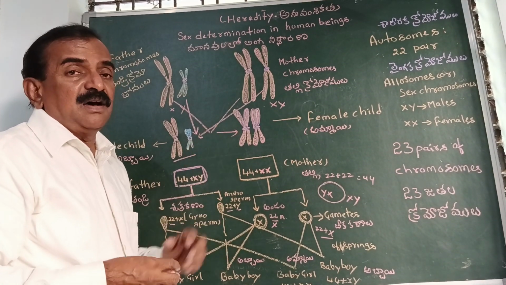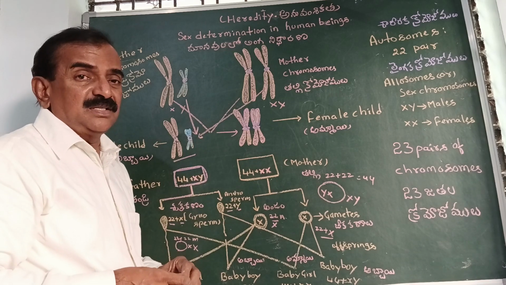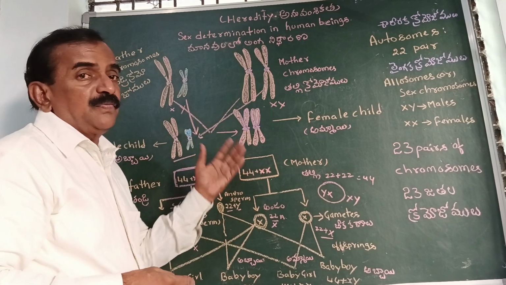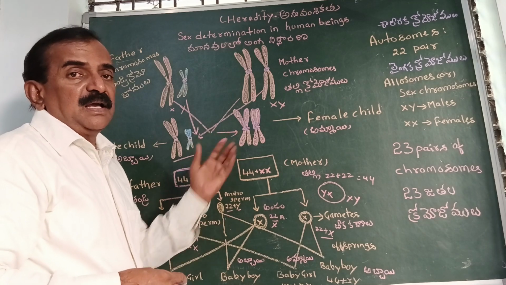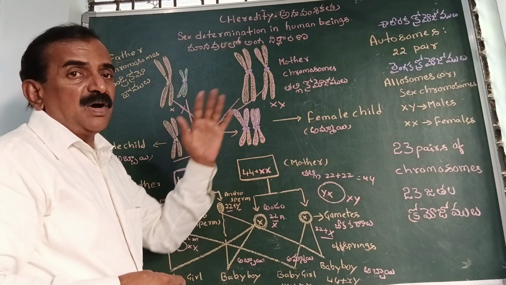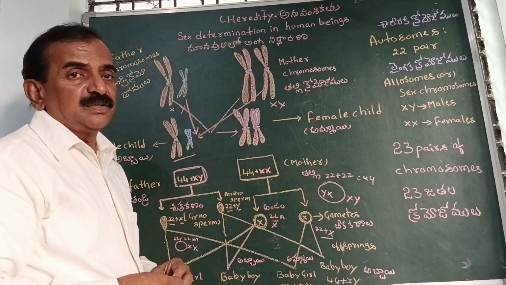This is a long answer question, and it is asked many times in the SA2 examination in 10th class. All of you read this question thoroughly, and you will get good marks in the annual examination or SA2 examination.